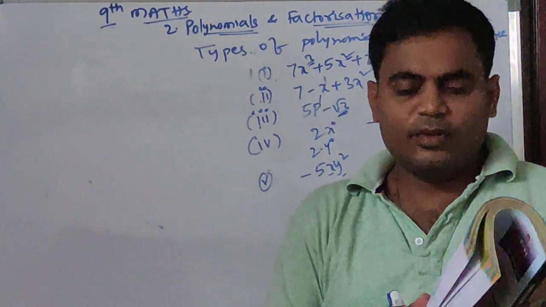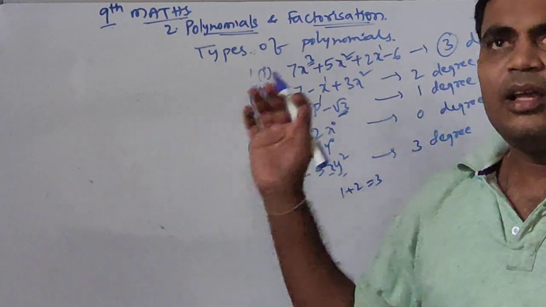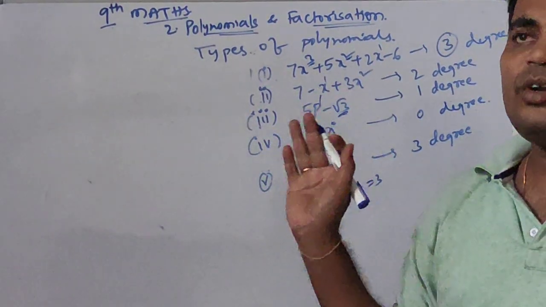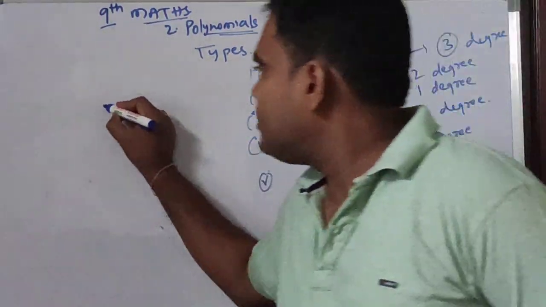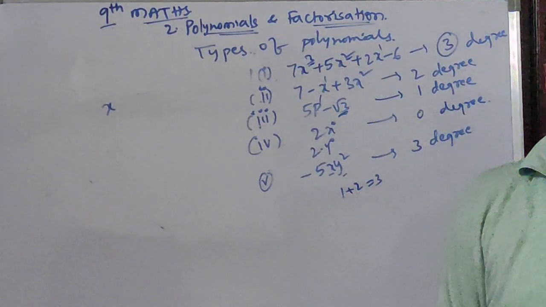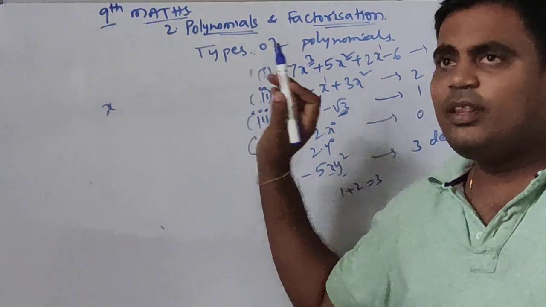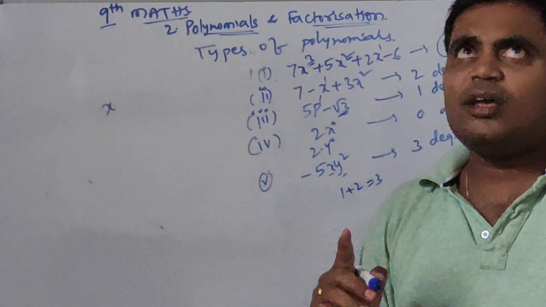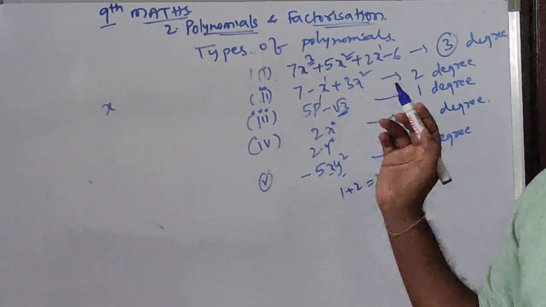Give an example. Okay, cubic polynomial means what? The degree of the polynomial is equal to 3. Here I want to take a variable x. So I am taking the polynomial with variable x. Cubic polynomial means the maximum power of x is equal to 3.